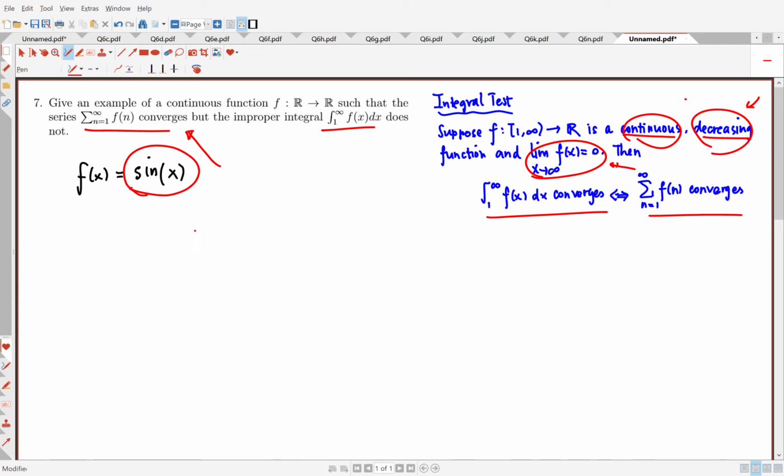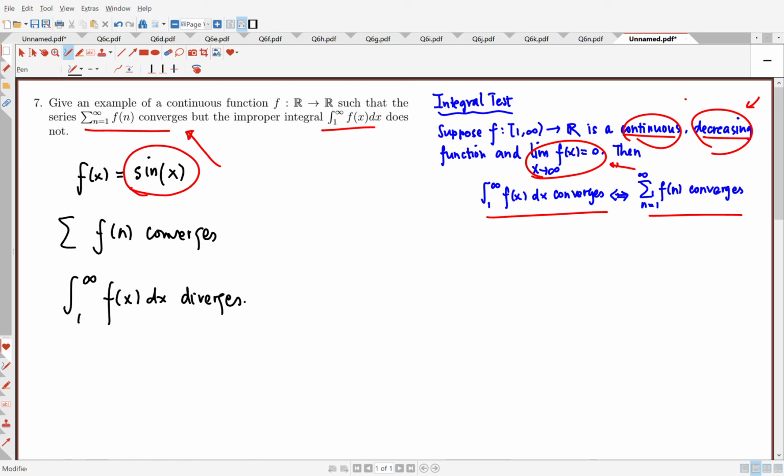Yes, so we need to manipulate this, right? Because we want the sum of f(n) converges, but the integral from 1 to infinity of f(x) dx diverges.